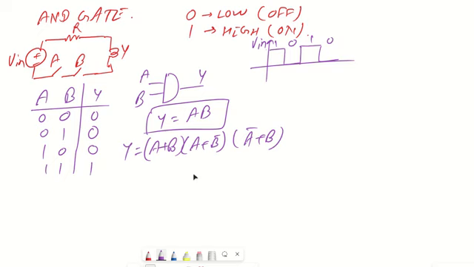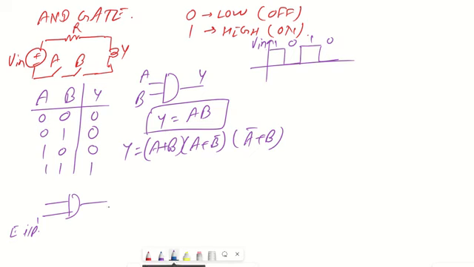Now I'll tell you one more thing. This is called the enabling expression and disabling expression. Let us say we have the AND gate here, and I am going to put one input as 1, which is called the enabling input. Now whenever the other input goes high or low, based on that I can have my output high or low.